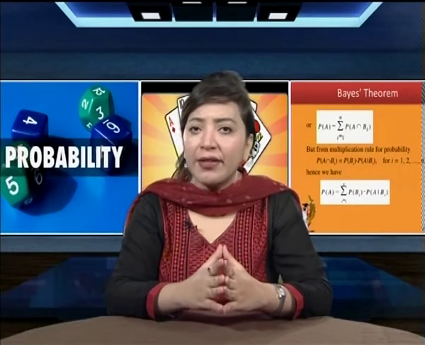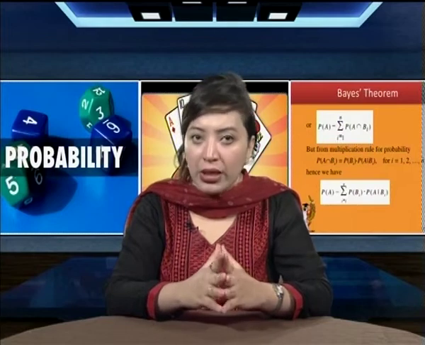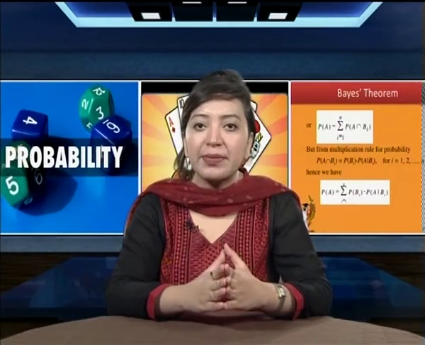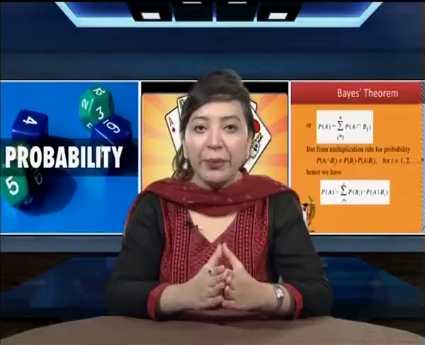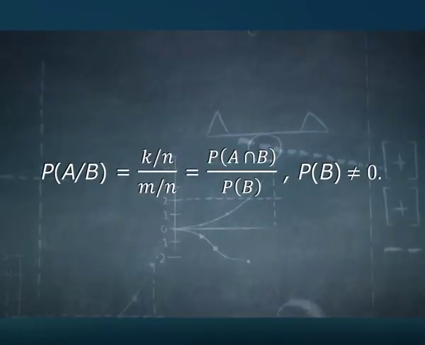Divide numerator and the denominator by n, the total number of elements in the original sample space. We obtain probability of A given B is equal to k by n divided by m by n. So, that is equal to probability of A intersection B divided by probability of B, where probability of B is not equal to 0.